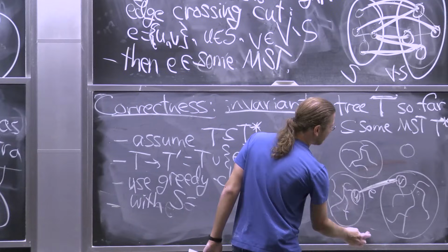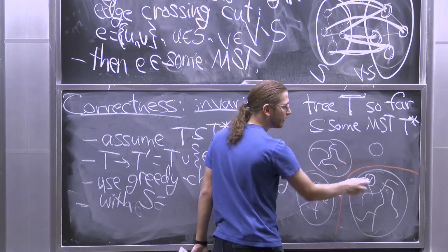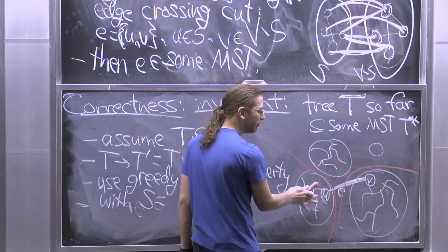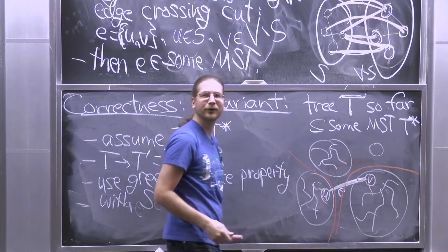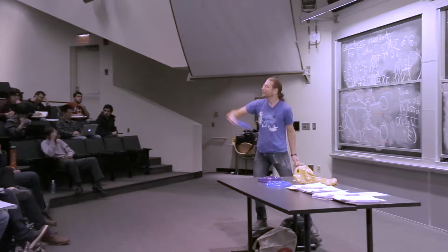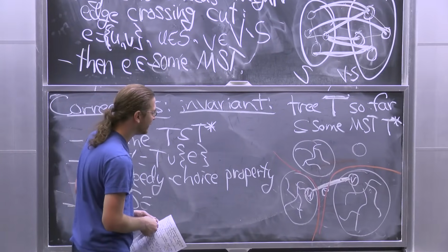I could take basically this cut, which is the connected component of U with everything else, versus the connected component of V. I could take this cut, which is the connected component of U only, versus everybody else. Either of those will work. Good.